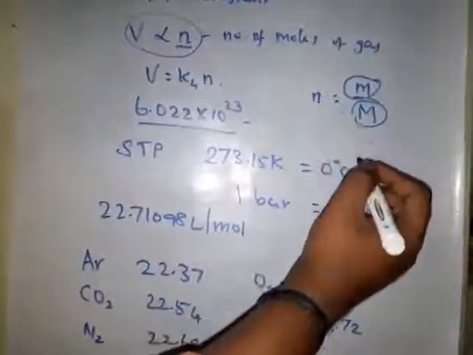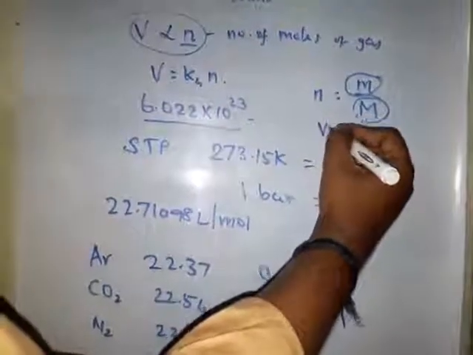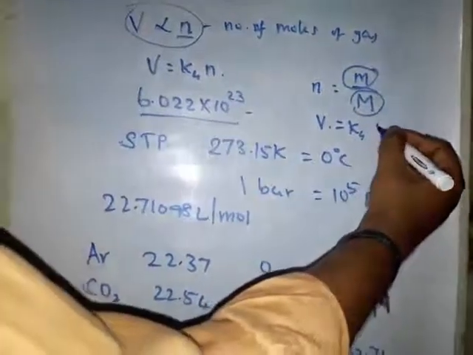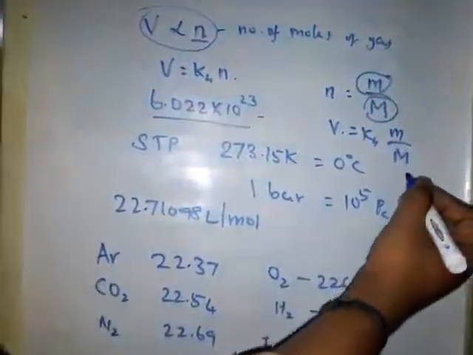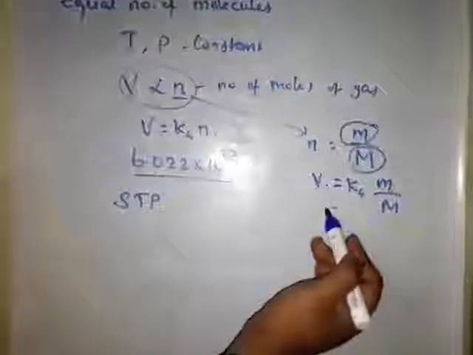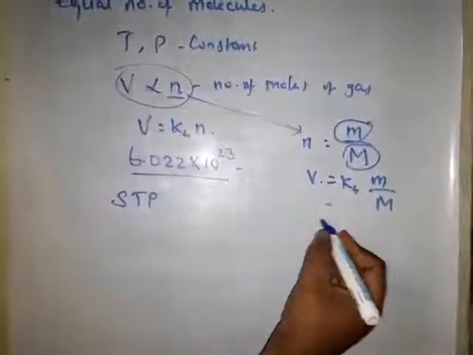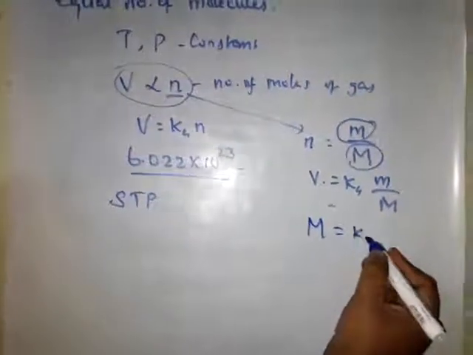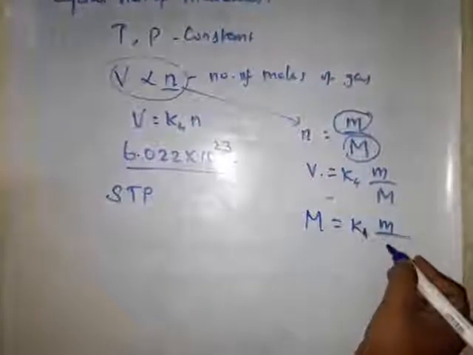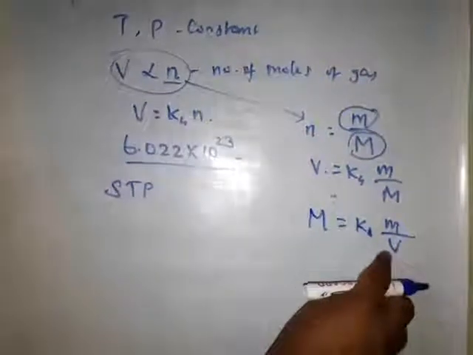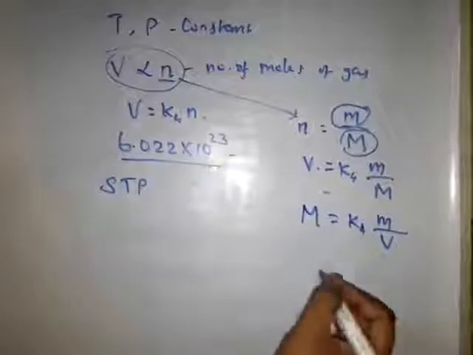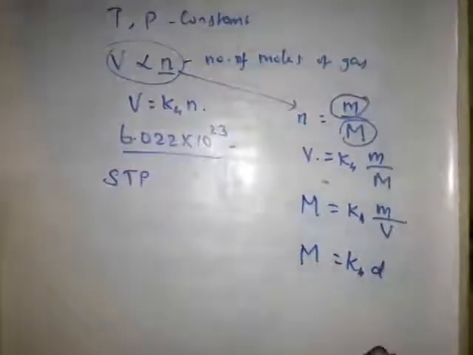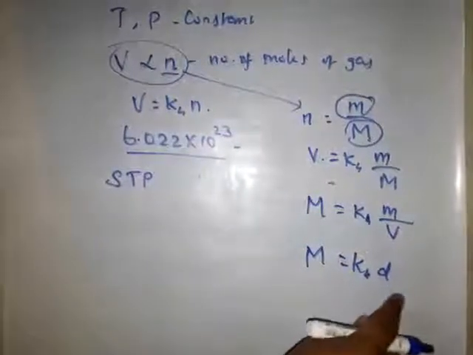We can apply this to V is equal to K4 n, where n is m by M. On rearranging, the molar mass is equal to K4 m divided by V. We already know that mass by volume is density, so M is equal to K4 into d, where d is the density.